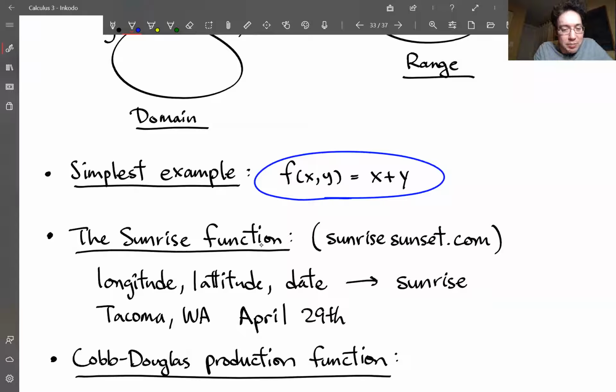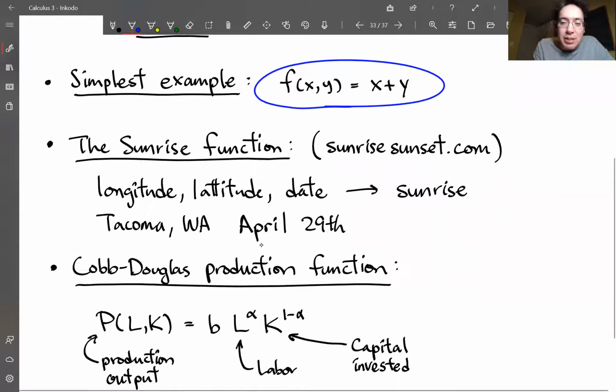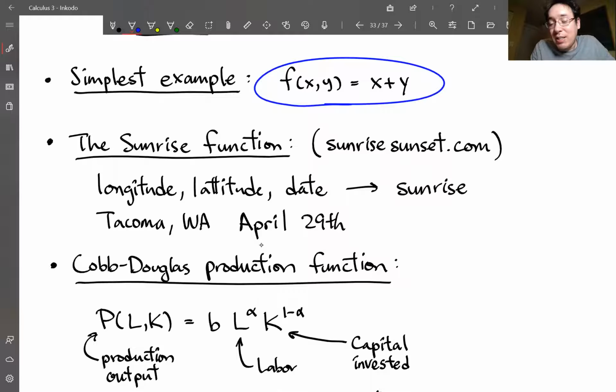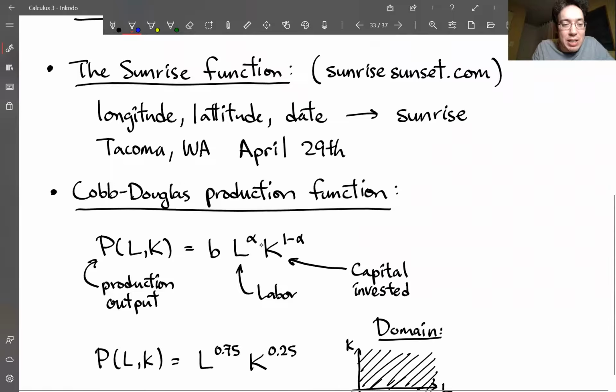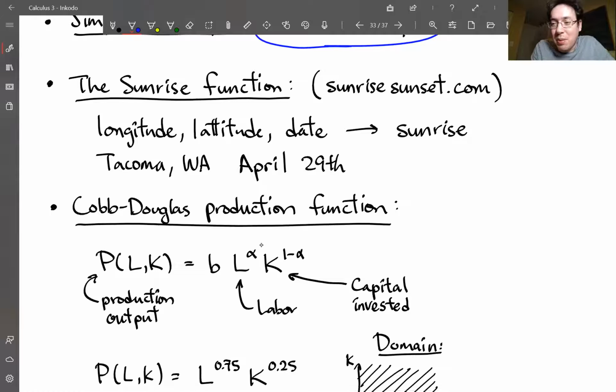All right, let me get back to my notes here. Another example that some of the students might appreciate is the Cobb-Douglas production function. This is a model that's used in business, but roughly speaking, it models how much production you can get from what kind of investment you're making. For example, one variable that matters for how much stuff can get produced is the amount of labor.